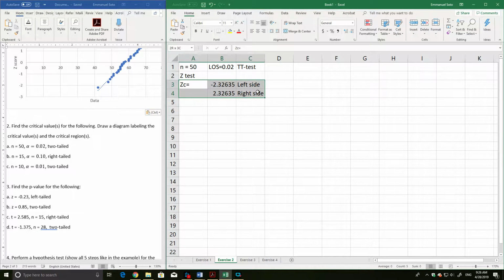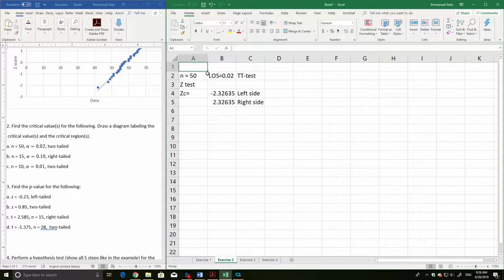This will always be the case for a two-tailed test. You're going to have 2 critical values, 1 positive, 1 negative. If they wanted just a left-tailed test, you would just use this one. Right-tailed test, just this one by itself. All right, that concludes exercise 2A. Let me just go ahead and label this. This is 2A.